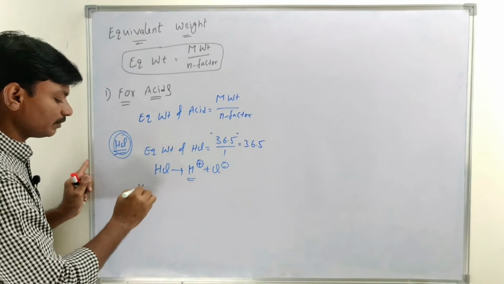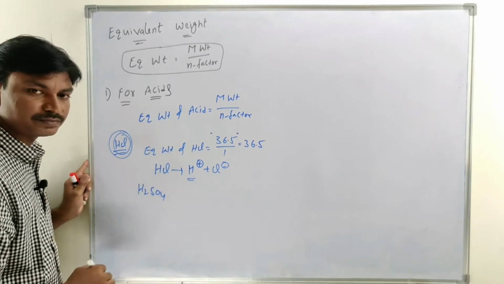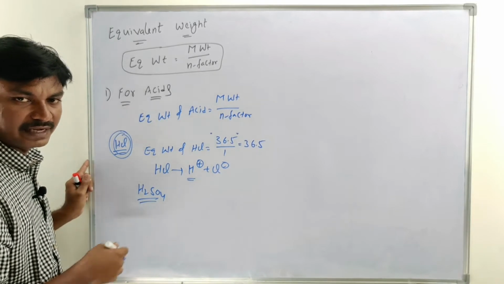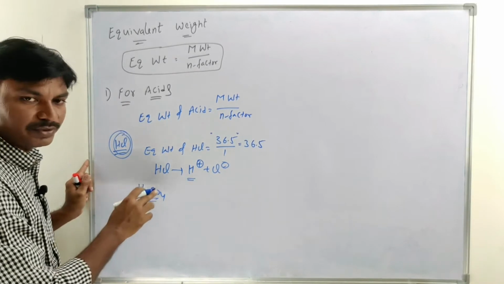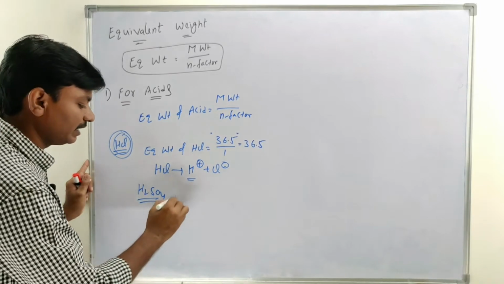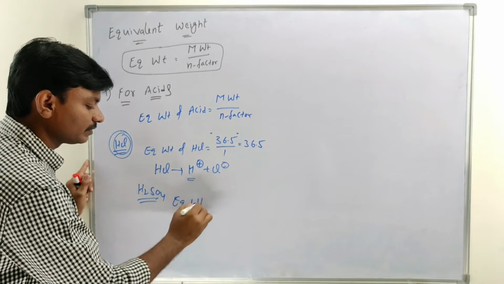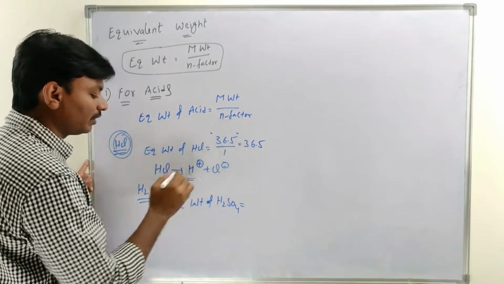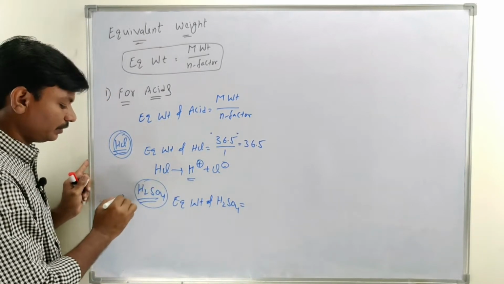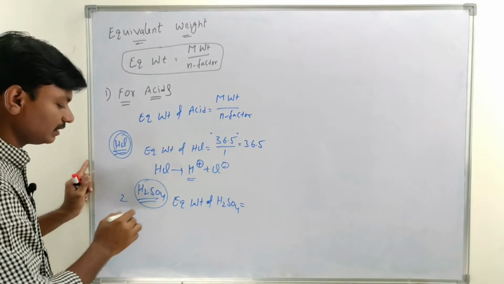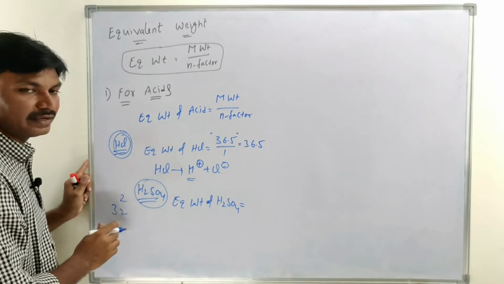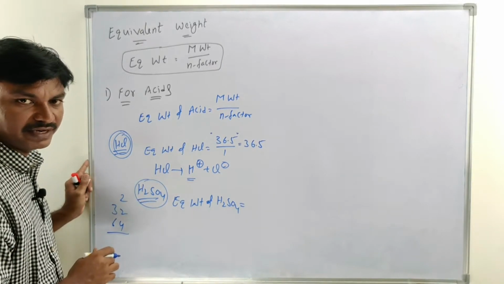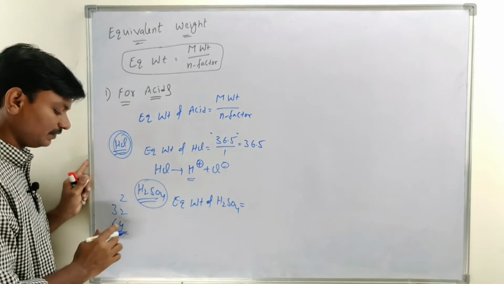Another example. Suppose H2SO4. The molecular weight of H2SO4 is 98, and H2SO4 produces 2 H plus ions. Finally, the equivalent weight of H2SO4 equals the molecular weight of H2SO4. Here, 2 is the weight of 2 hydrogens, sulfur is 32 and oxygen is 64, since each oxygen has an atomic weight of 16 and 4 times 16 is 64.